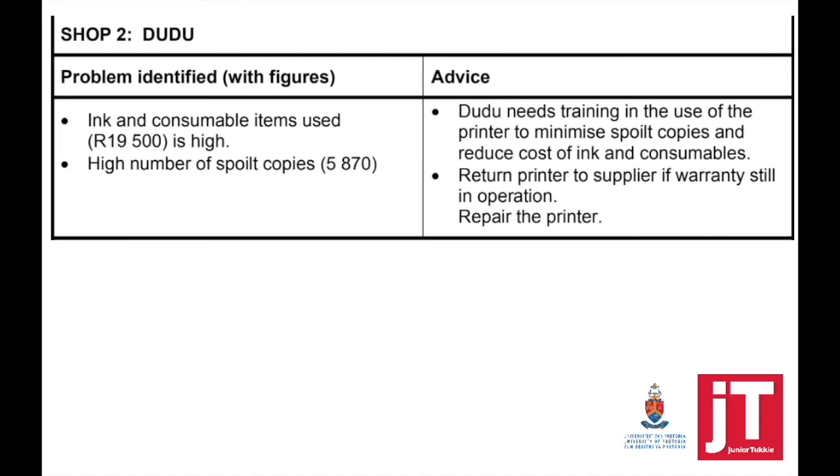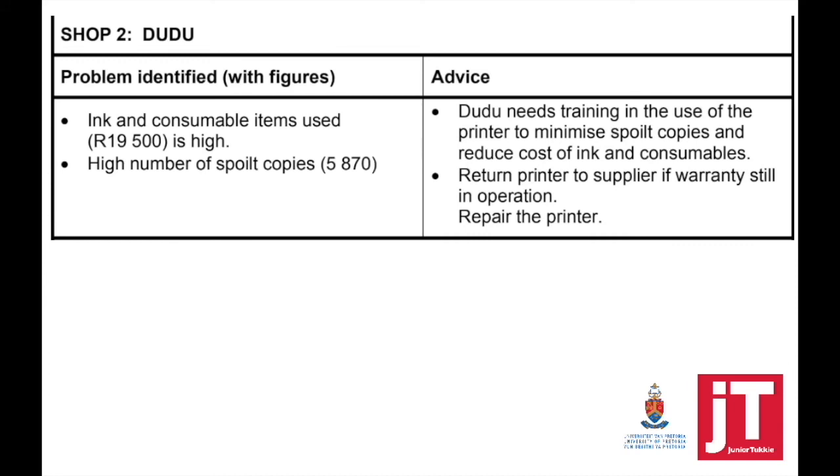Looking at shop number 2, the problem, the ink and consumable items used was 19,500, which is high. There's a high number of spoiled copies, 5,870. So now this can be one of two things. One, it could be the incompetence of the employee, doesn't know how to work with the machine.